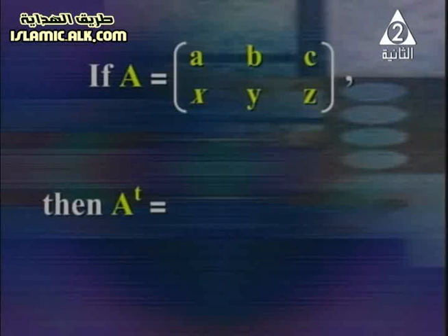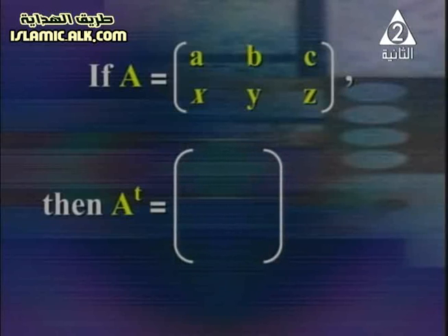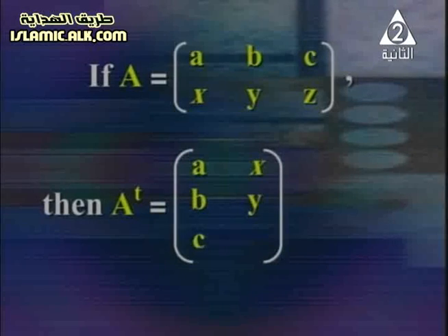If a matrix A has a first row A, B, C and a second row X, Y, Z, its order is 2 times 3, and we put A transpose as follows. We replace the first row by the first column, and the second row by the second column. A transpose becomes AX, BY, CZ.